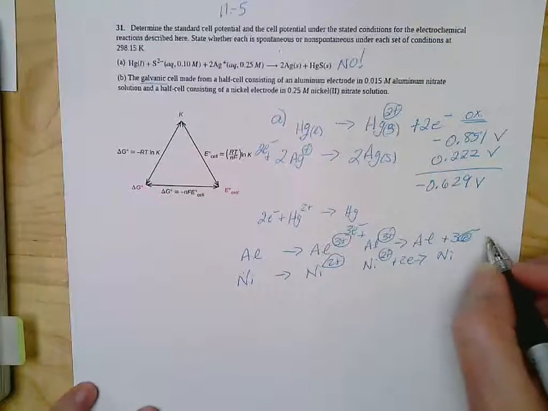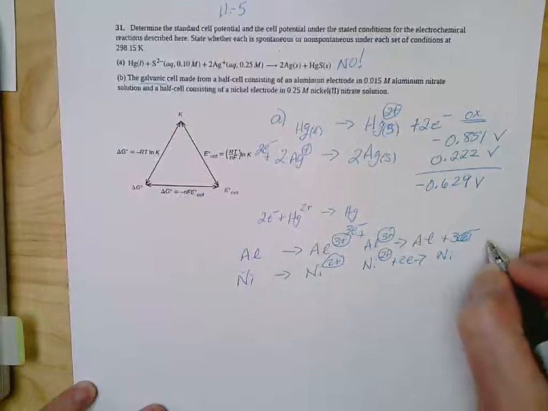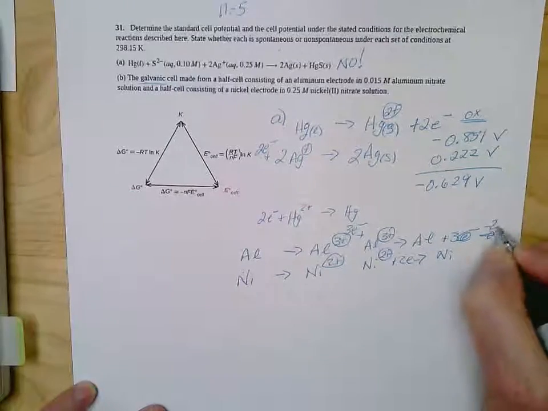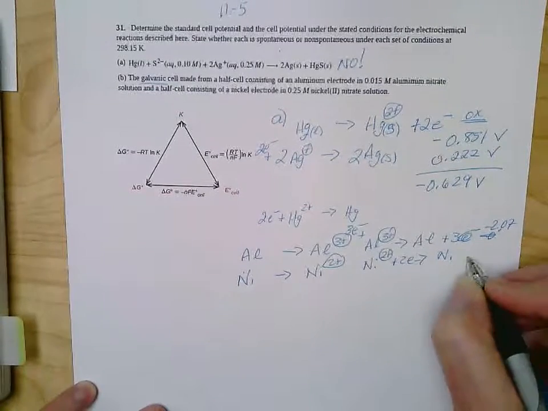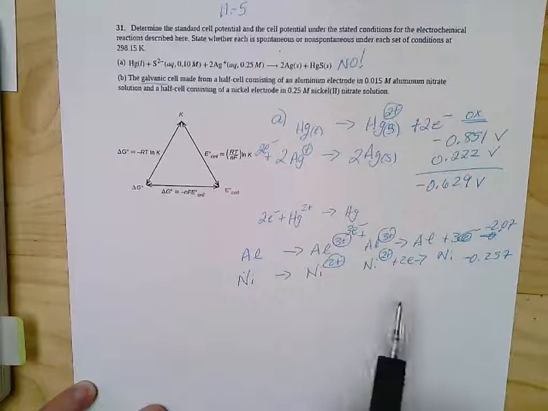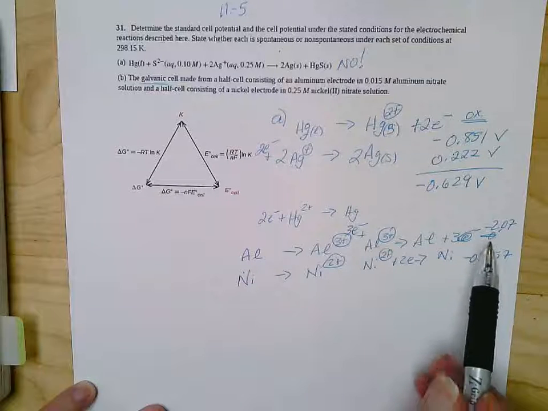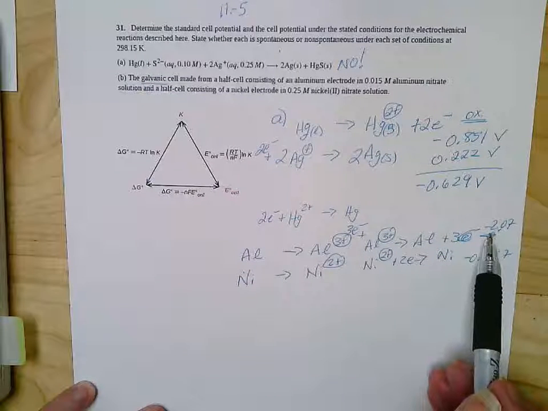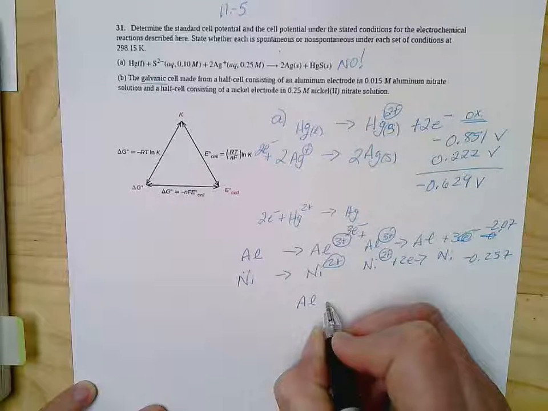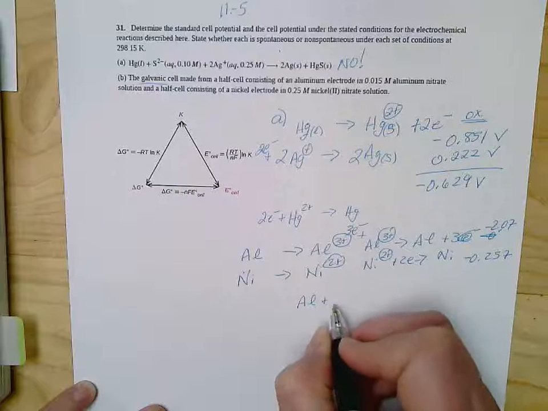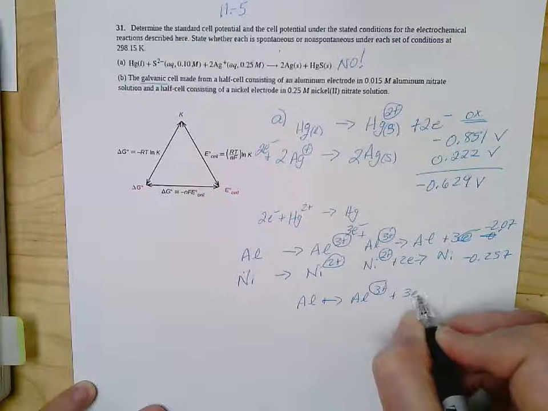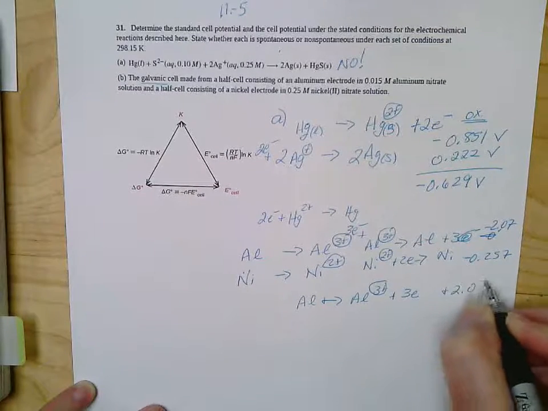I looked those values up earlier as well: aluminum is negative 2.07, and this one's negative 0.257. I know it's galvanic, so I have to get a positive cell potential. So I'm going to have to take this reaction and flip it to oxidation. So aluminum goes to aluminum 3 plus plus 3 electrons, and I get positive 2.07.